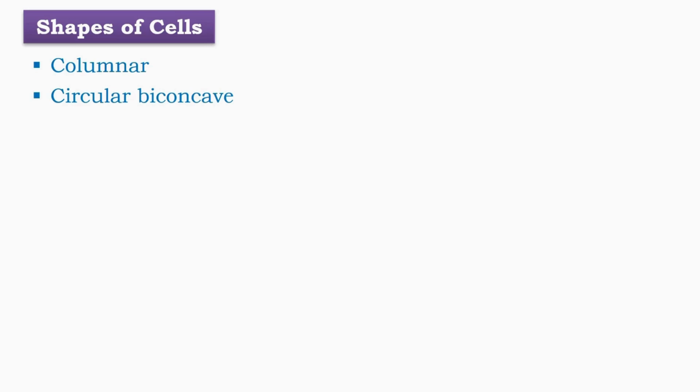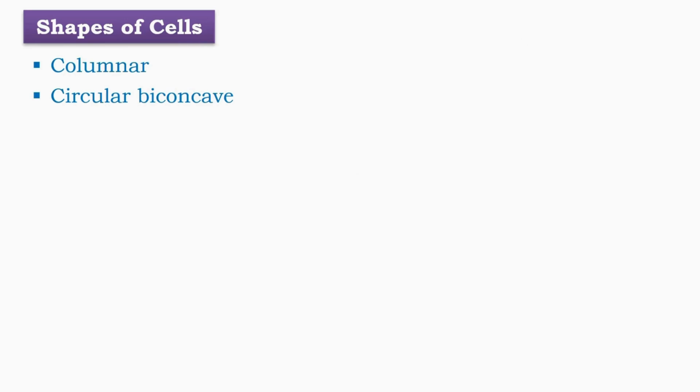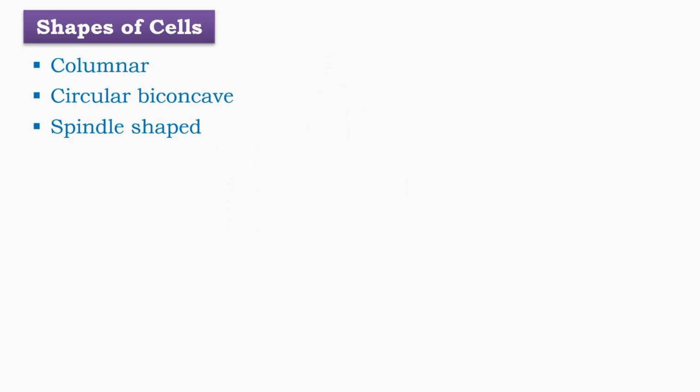Circular biconcave. Example, RBCs. Spindle shaped. Shaped like a spindle. Spindle is a device to spin fibers into threads. Example, smooth muscle cells.